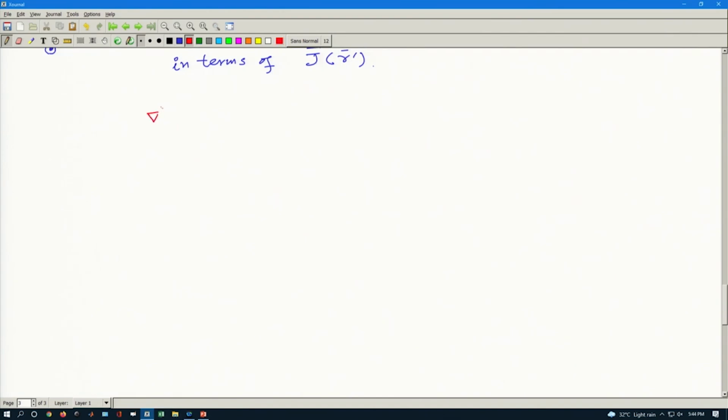We know curl of B is equal to mu 0 J, right.